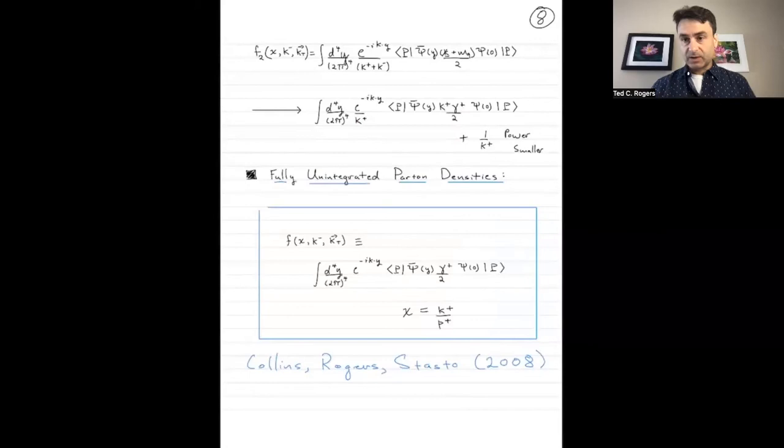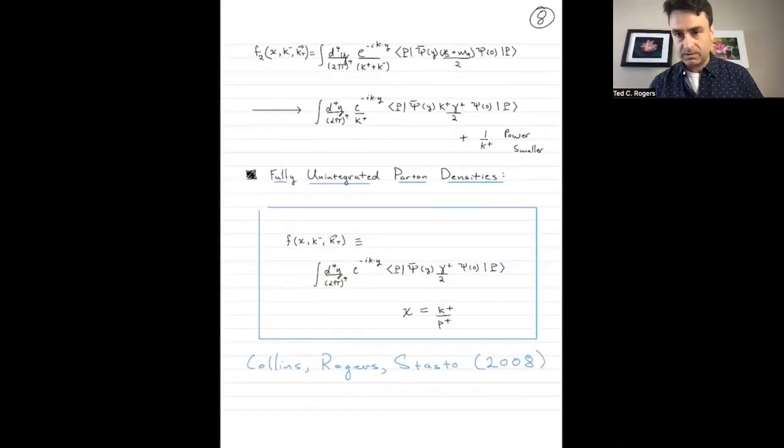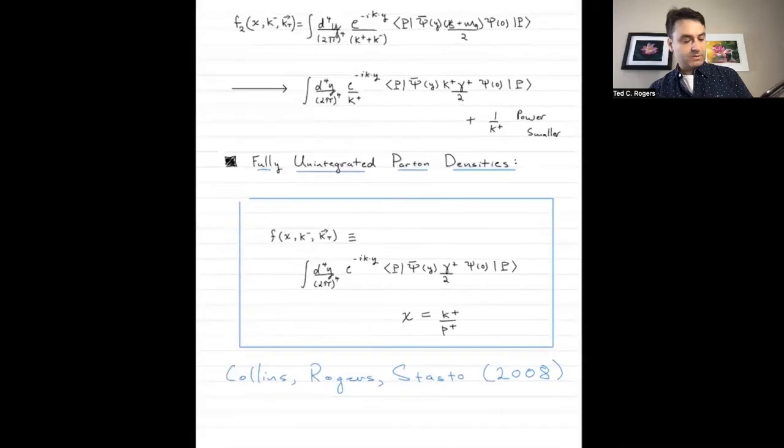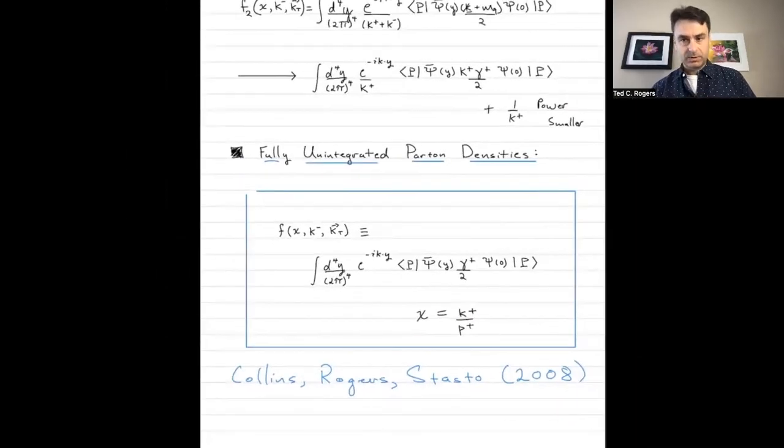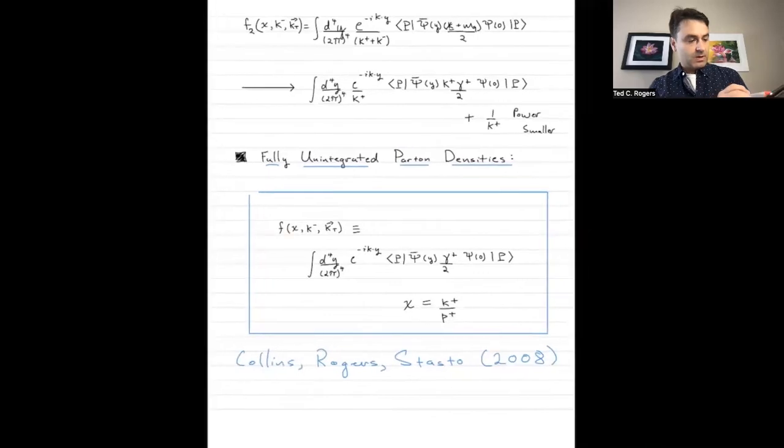Okay, so this is essentially, I know I keep saying that we're essentially at the end, but really we're getting very close now. This is essentially the final definition, with a few more steps to go, but we're basically there. I've just taken F2 and done these replacements, and what I've done is I've removed the 2 subscript.